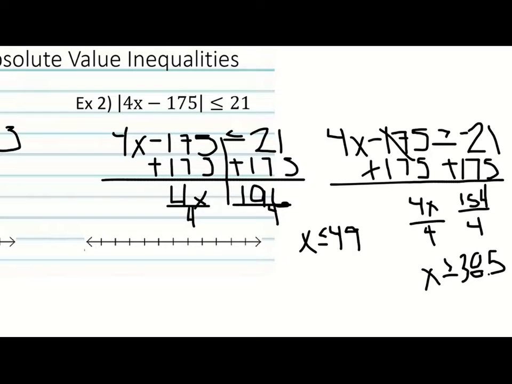So once I solve my inequalities, I need to graph them. Again, I'm going to let you cheat on the graphs. We want to put 38.5 on the left, I'll say it was that tick mark. And then I want to put 49 on the right.